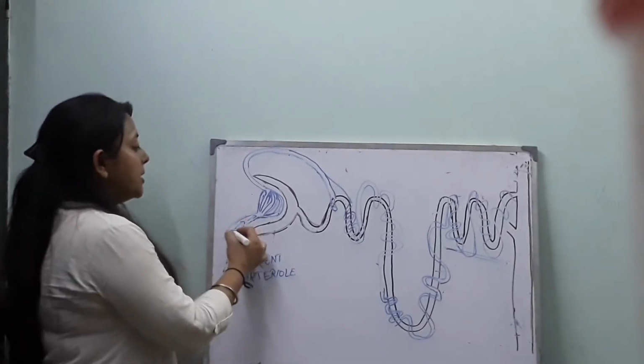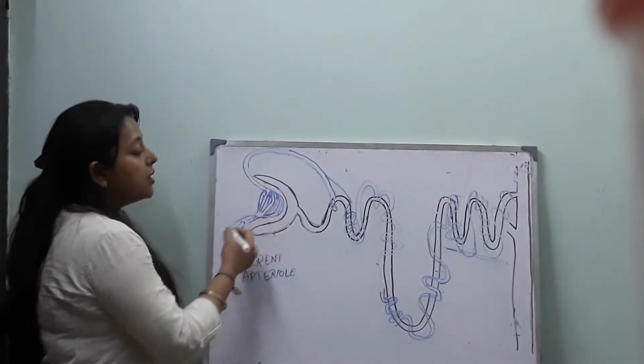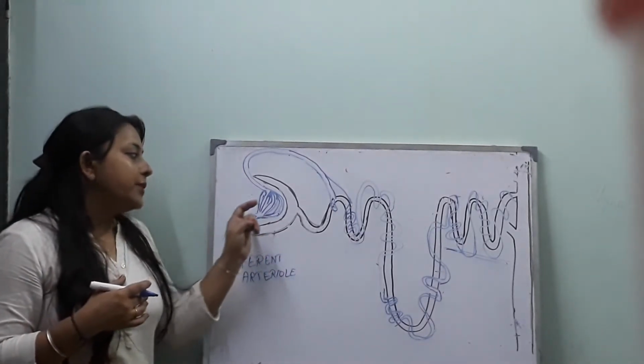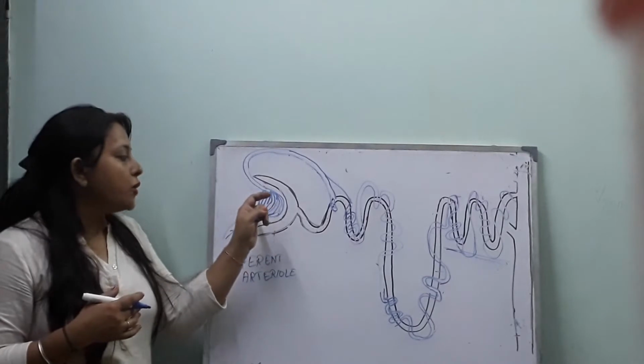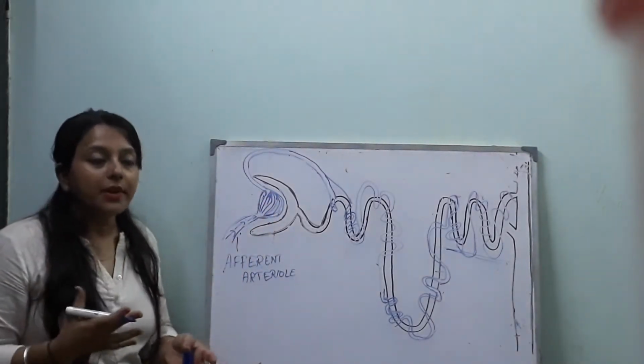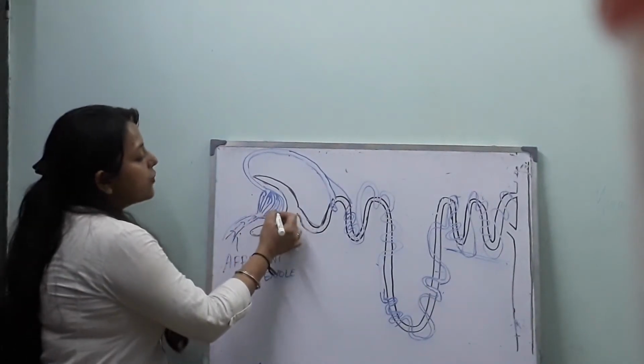Now when blood enters the afferent arteriole, through the afferent arteriole blood enters the Bowman's capsule. This afferent arteriole divides into branches of capillaries. See here, these are the branches of capillaries.